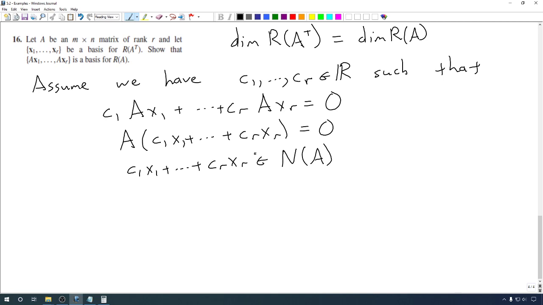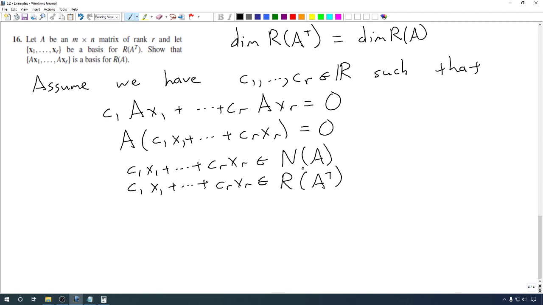But we also do know that every single one of these x's is in the row space. In fact, the x's are a basis for the row space. So this vector here, as a linear combination of things in the row space, also has to be something in the row space. So it's in both of these.